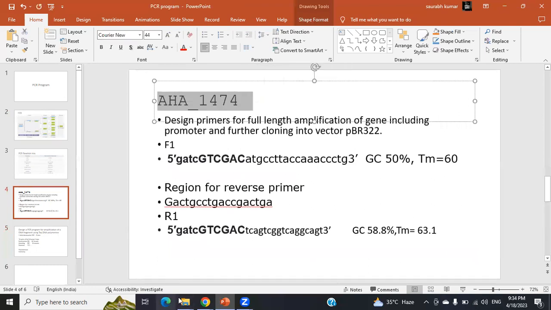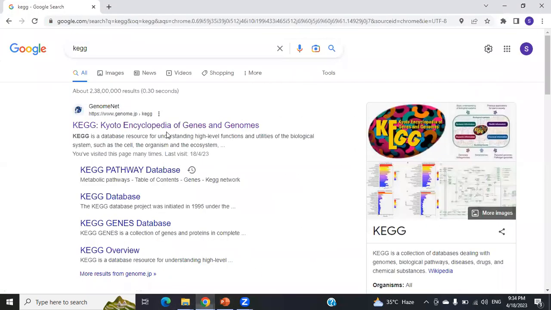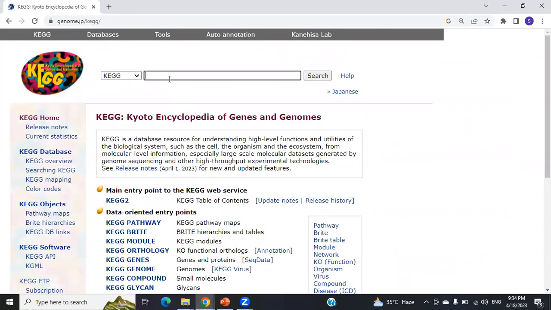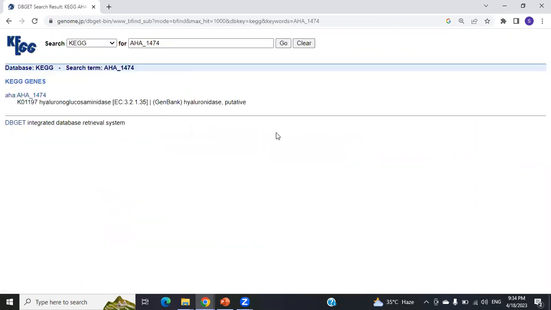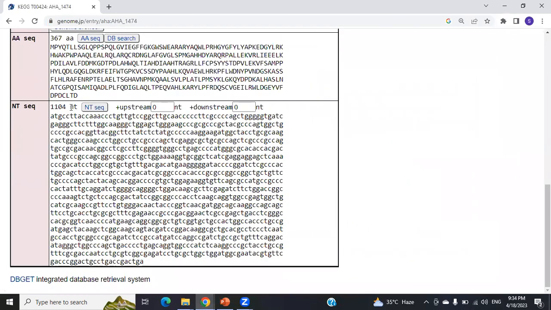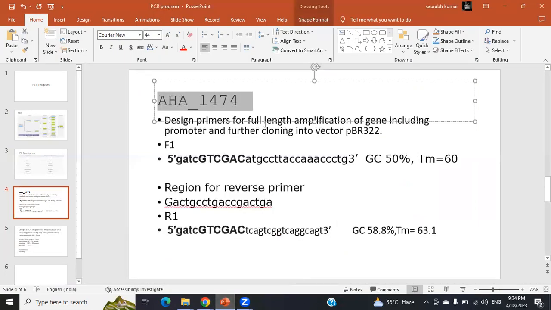So I'll just copy the locus number and go to KEGG. I can search the gene, and you can see that it is 1104 nucleotides in length.